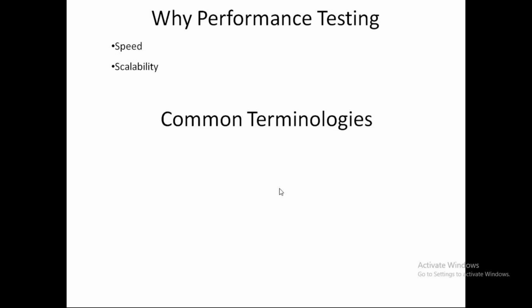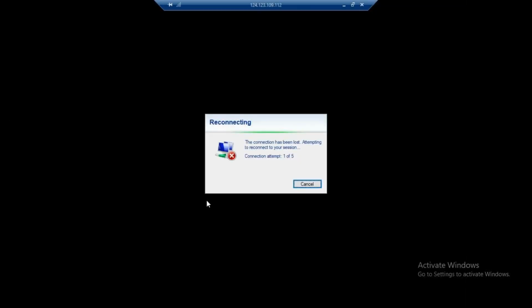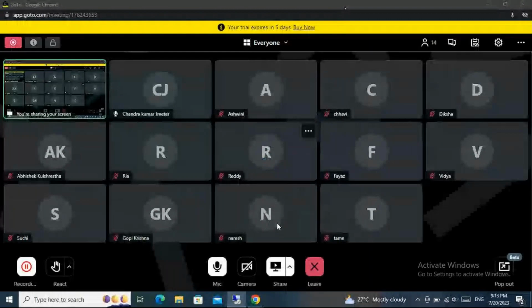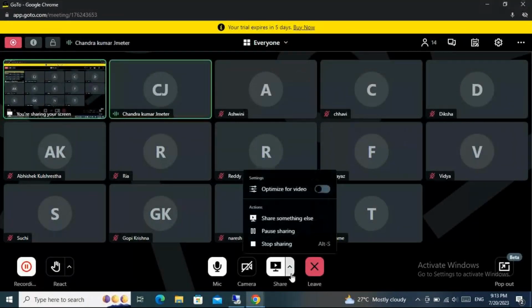Then the third point which I say is normally... one moment. What happened? I think I lost the connection to the machine. Give me a moment, let me fix it.